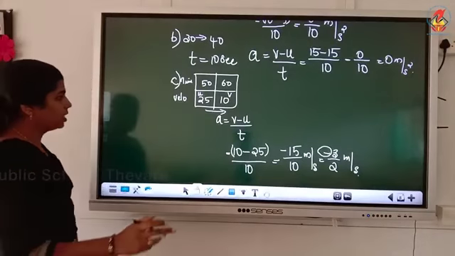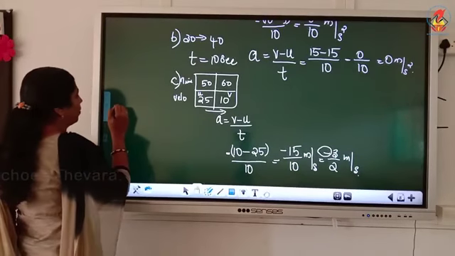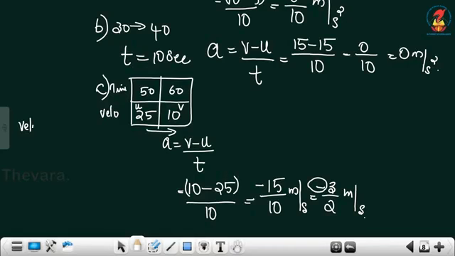So 3 cases we studied. If velocity increases, acceleration is positive.